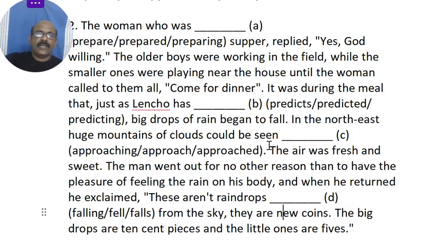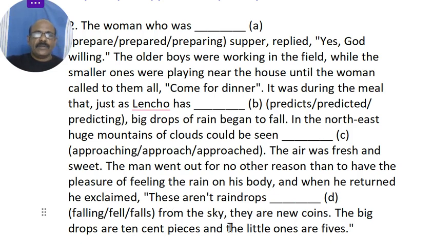Next, in the northeast, huge mountains of clouds could be seen dash. Could be seen means that the clouds are coming towards us, so approaching. Next, these aren't raindrops dash from the sky. From the sky means a continuous situation, so we can take falling from the sky.